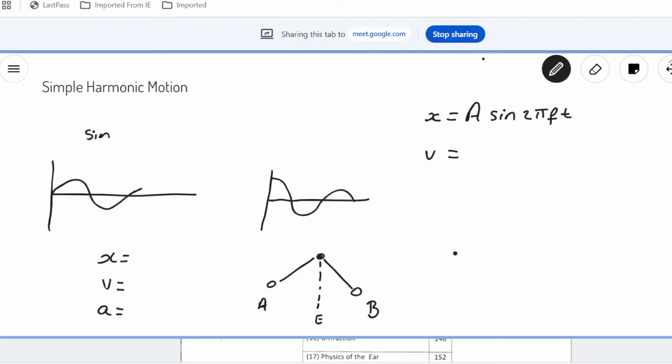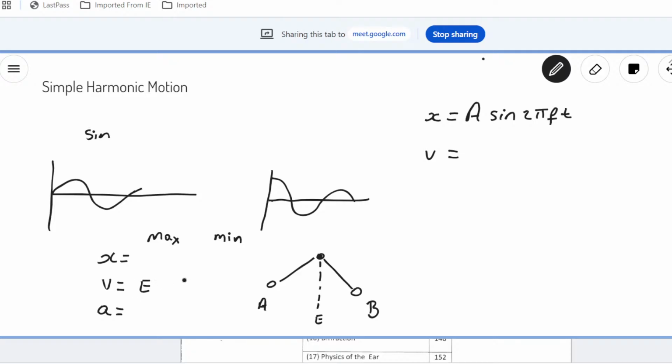At what point is the velocity at maximum? So where is it? At E. So velocity is max at E. So let's look at the max and midpoints.